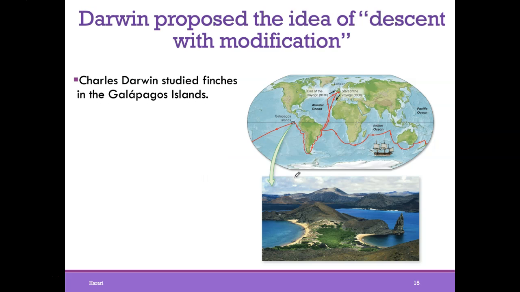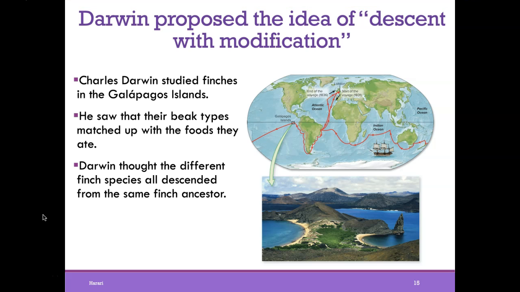So Charles Darwin proposed the idea of descent with modification after studying finches in the Galapagos Islands off the coast of Ecuador. And with the help of an ornithologist, a bird expert, Darwin saw that all of the beak types of the finches matched up with the types of foods that they ate. And these finches were collected from different islands of the Galapagos.